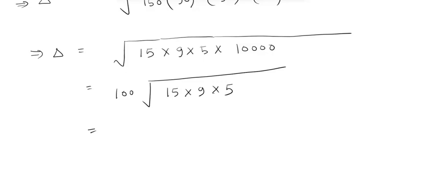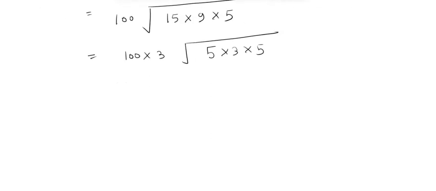So here square root of 9 is 3, so 100 multiply 3, and you break 15 in prime factor, so you can write 5 multiply 3 multiply 5. So now here remove square root from 5 square, so here you can write 5 square multiply 3.